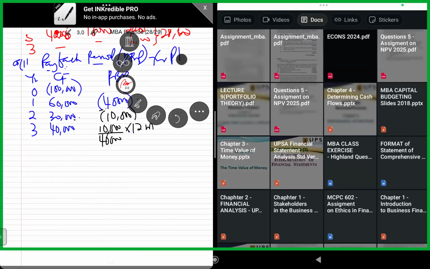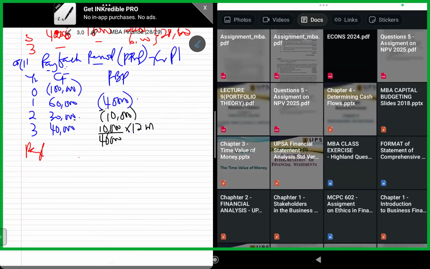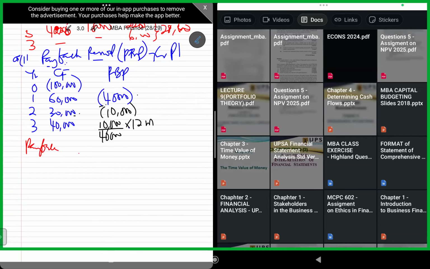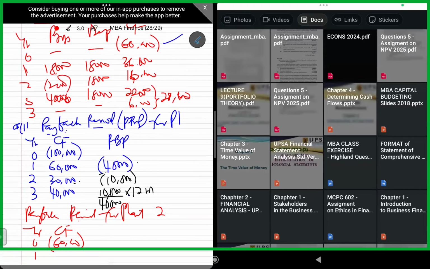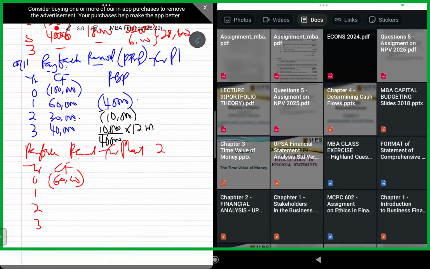Let me use red. We have year zero, one, two, three. We have cash flow. What are the cash flows for plan two? 36, 16, 28, 28.